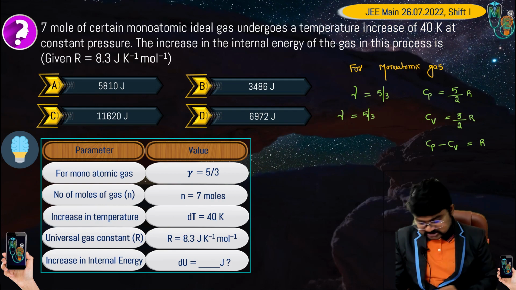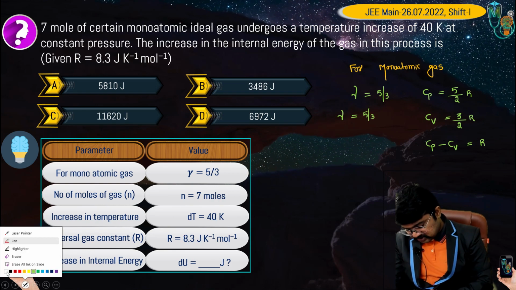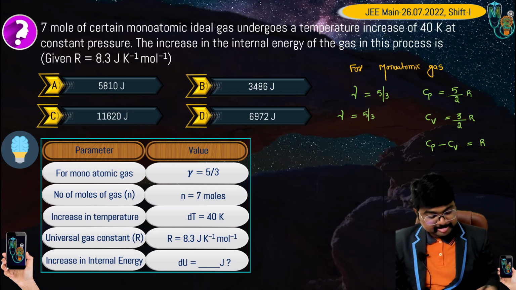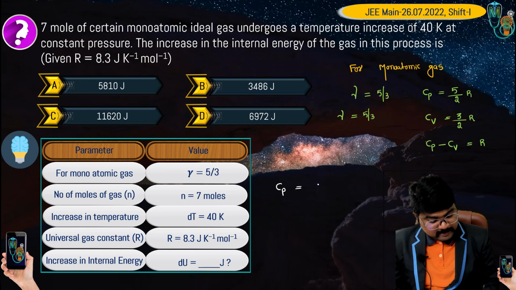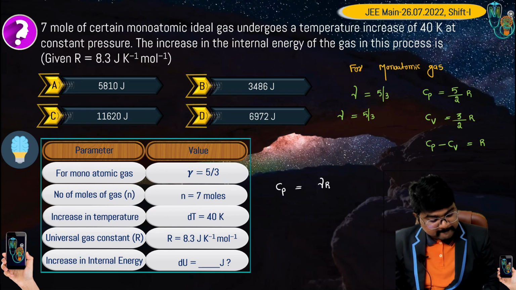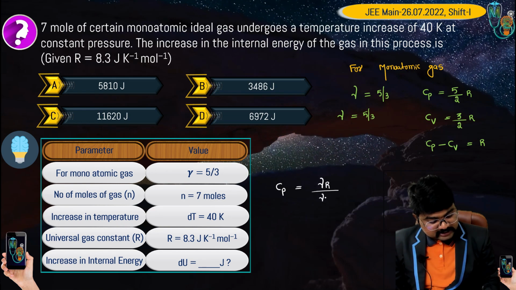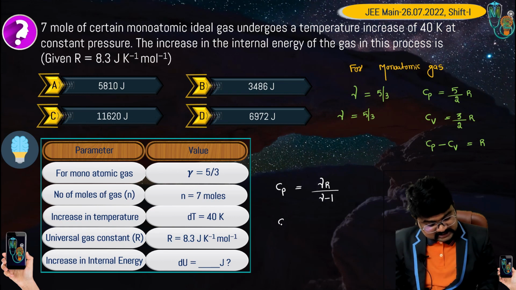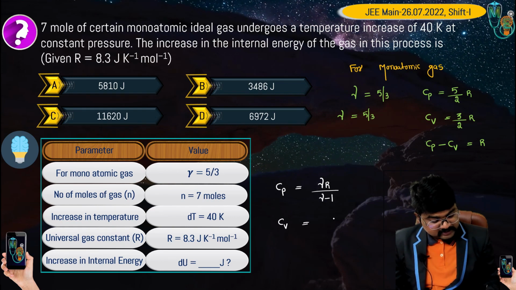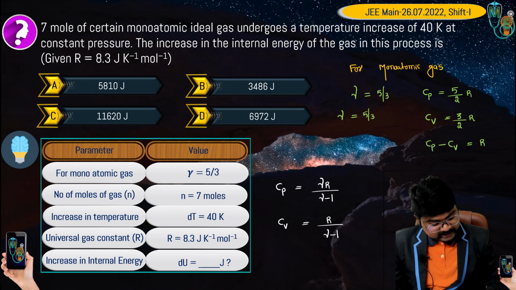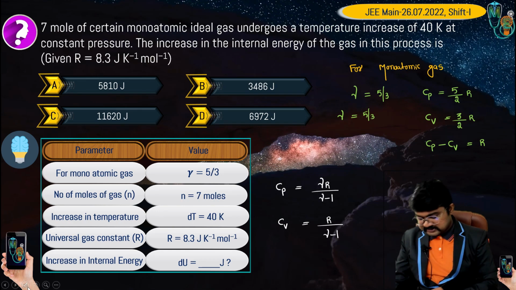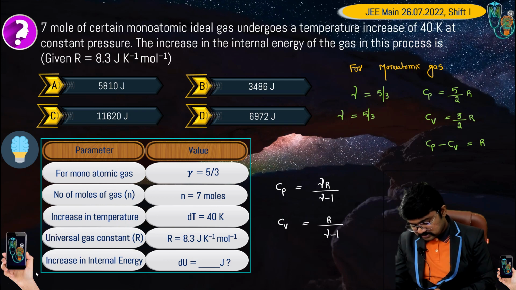If you are interested in calculating this generally, Cp equal to gamma R by gamma minus 1, and Cv equal to R by gamma minus 1. We can prove it, and it is very simple to prove. How to prove it?